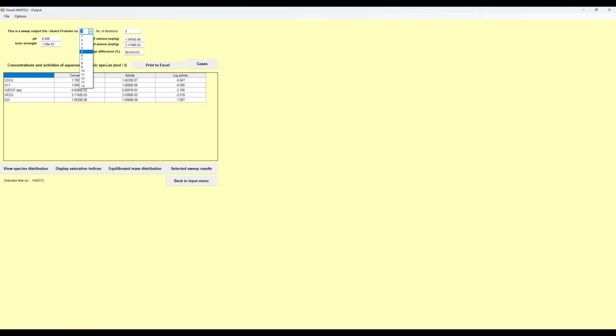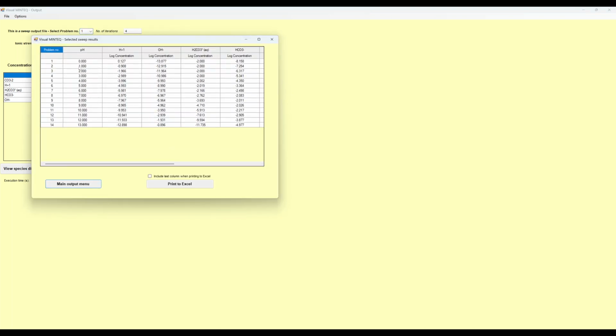So as you see, the numbers in the table are changing. Now we have the same information. The first 3 tabs are the same, but now we get this select sweep result. We already told the software what the input variable is, and what outputs we're looking for: log concentration for 5 species.